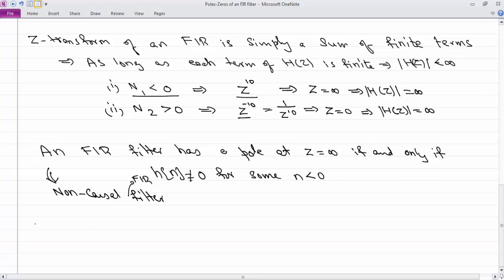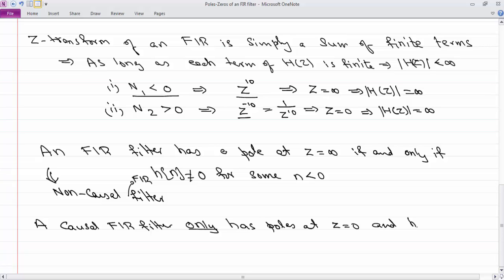So the corollary of this is that a causal FIR filter only has poles at z equal to 0 and has no other poles.